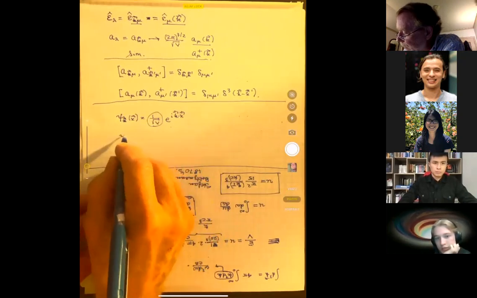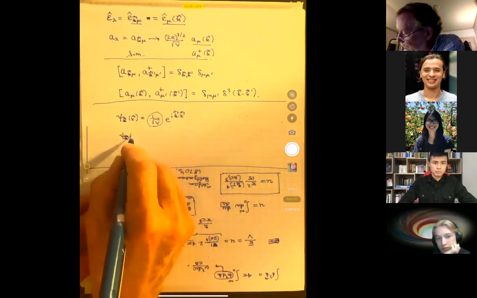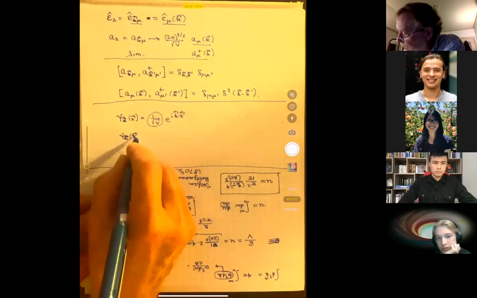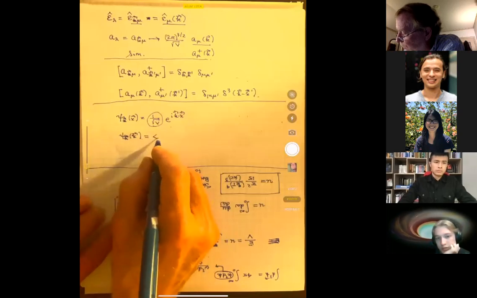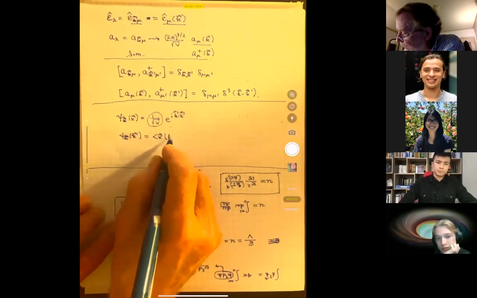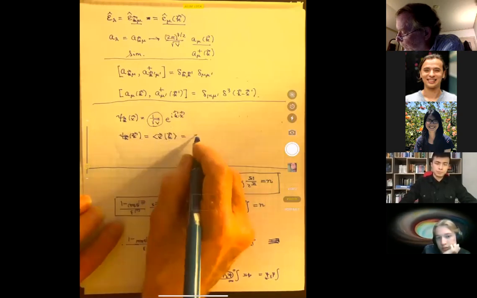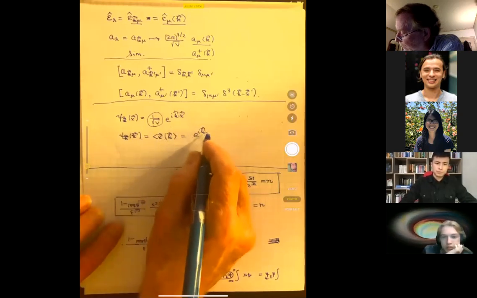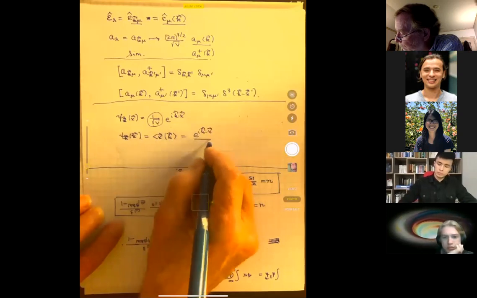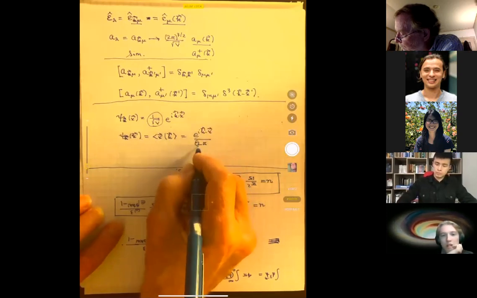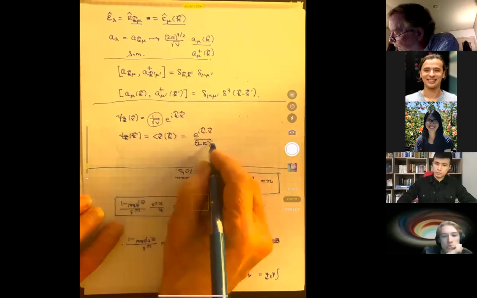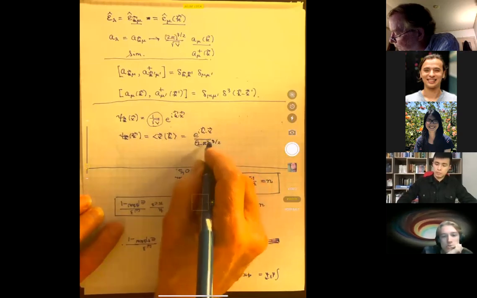But in the limit that the box goes to infinity, we use different wave functions, ψ_k of x, which we also wrote as the scalar product of x with k vector. And this is equal to e^{ik·x} divided by (2π)^{3/2}. It's actually 2π to the 3 halves to do it right.